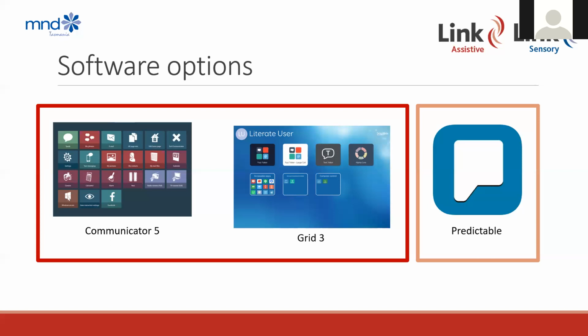I will go into a little bit more detail today about some of the major features of those two softwares, but our next webinar next week is going to delve into Communicator 5 and Grid 3 in a lot more detail, going through the features as well as a basic setup for a user within each of those two software options. So overview today and then the detail next time.